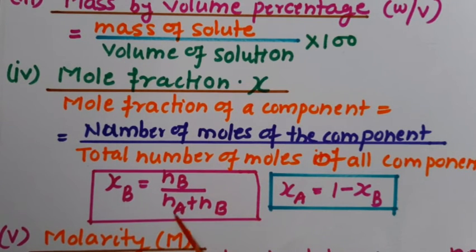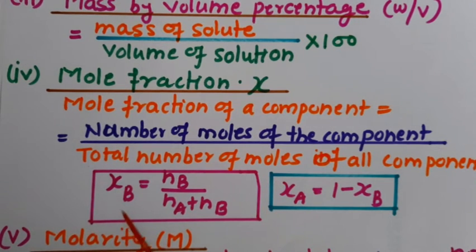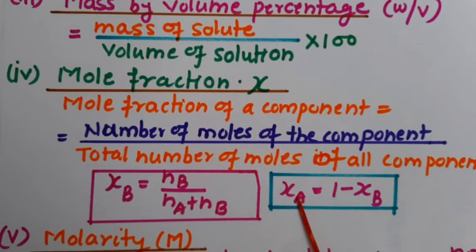So convert this given mass into number of moles, and once you get the number of moles of both the components NB and NA, you can easily convert it into mole fraction of the component B. Now once mole fraction of component B is calculated, and we know that we are talking about only the binary solution containing only two components, then the mole fraction of another component, that is water, can be easily calculated by subtracting the value of chi B from 1, and in this way you can calculate the mole fraction of B as well as mole fraction of A.